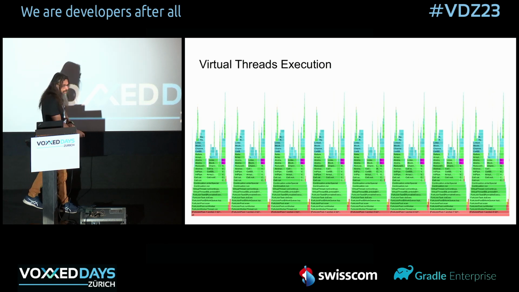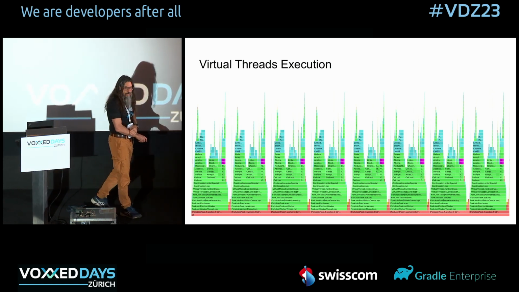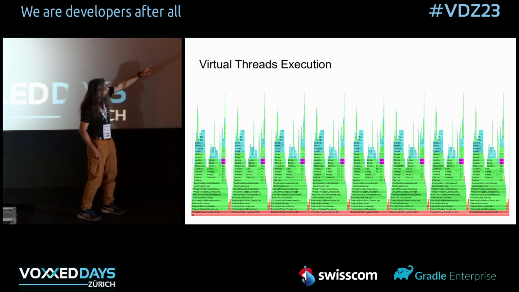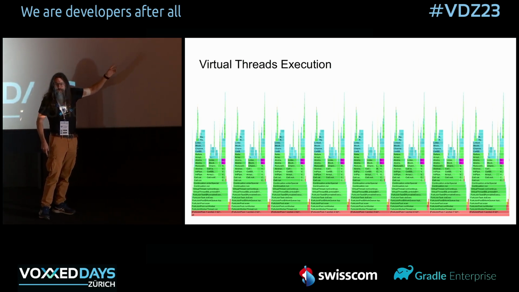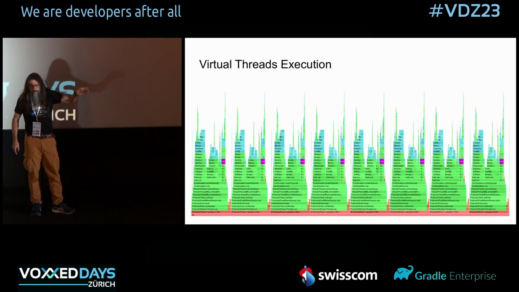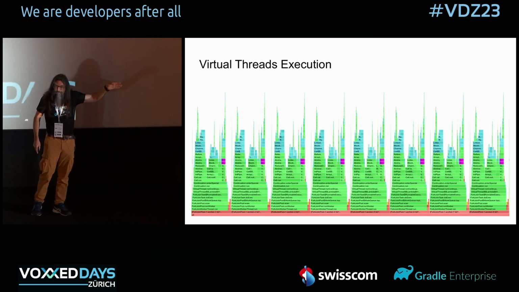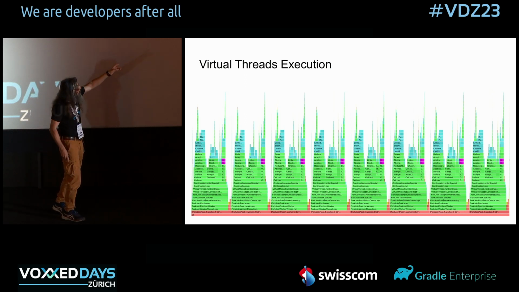Comparing this with the virtual thread execution is quite interesting. Now you see I have 8 flames. Why do I have 8 flames? Because this tool samples the native threads, and I have 8 carrier threads, which are the native threads.